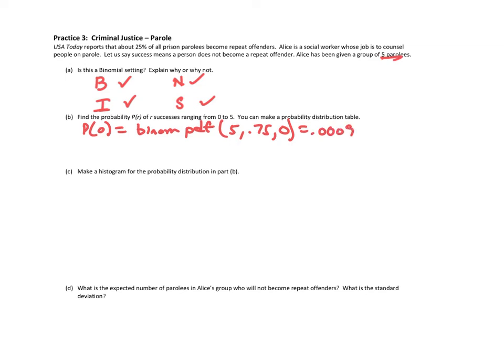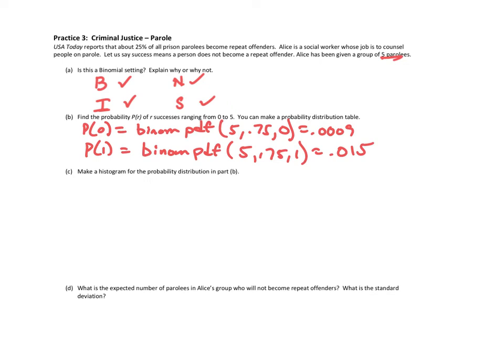That's the probability that she has no one who does not become a repeat offender. Okay, probability of 1 out of the 5, binompdf(5, 0.75, 1), and that's only a 1.5% chance. I'll let you go ahead and find the rest of them.